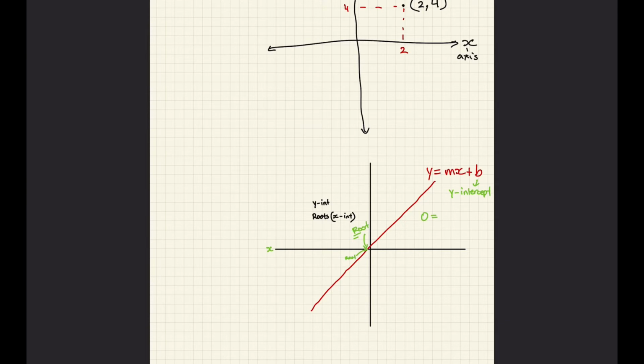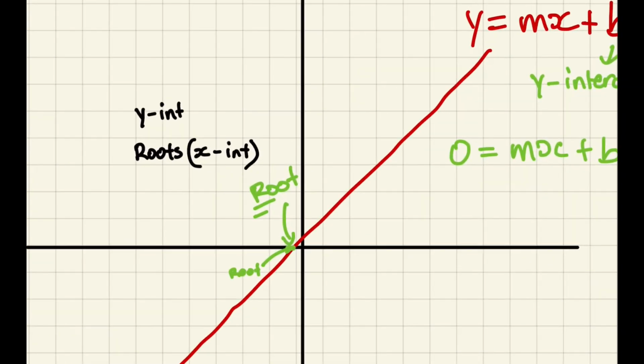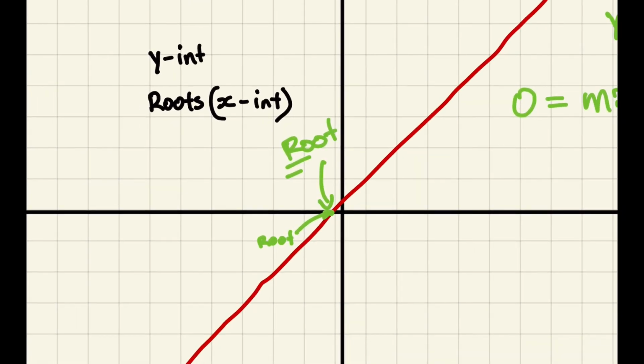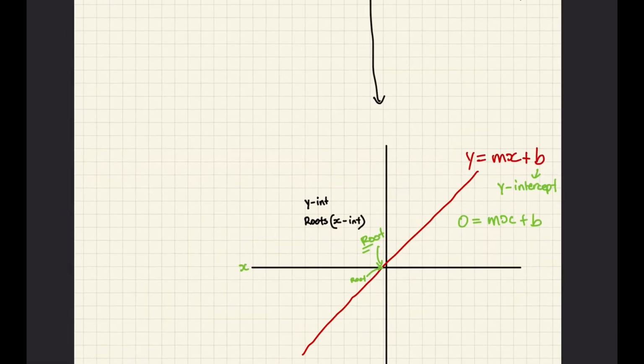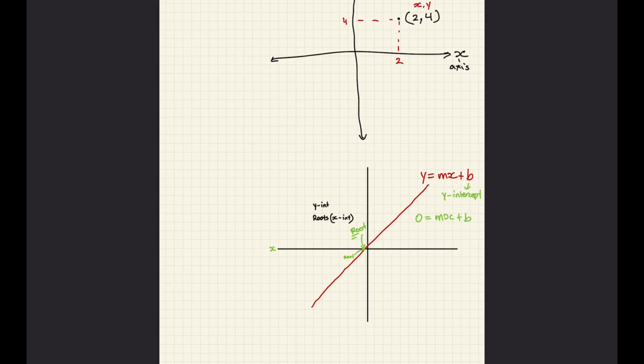So 0 equals mx plus b, and that will allow us to solve for the root. Now, why did I make y equal to 0? So if we look at this graph, the point where this line crosses the x-axis is exactly where y equals 0.